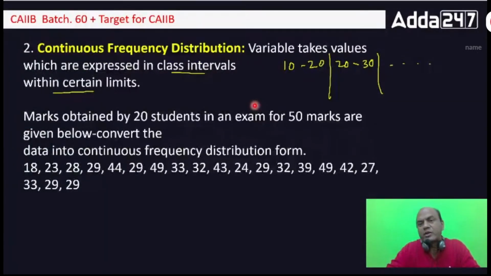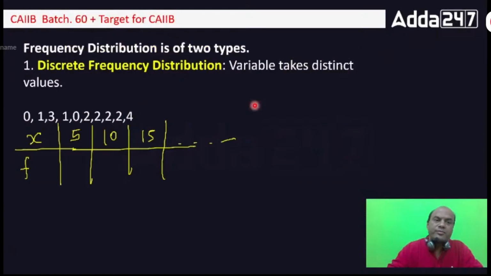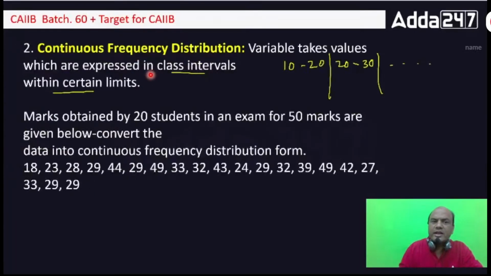Continuous means what? Which cannot be counted on heads. 1 liter of water, 1 kg of rice. So the variable takes distinct values in discrete, and it takes continuous values in class intervals: 10 to 20, 20 to 30, 30 to 40.